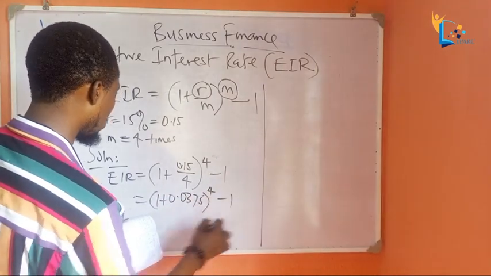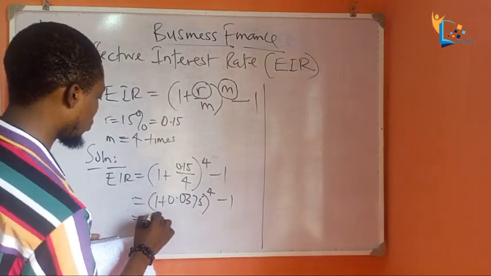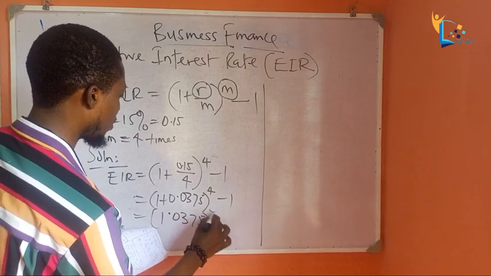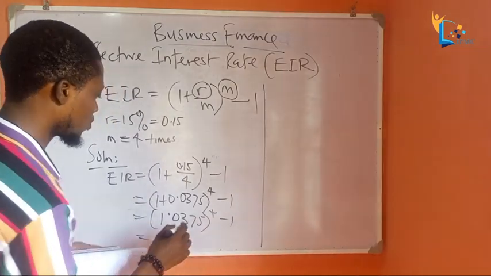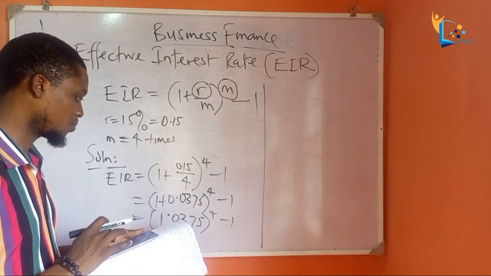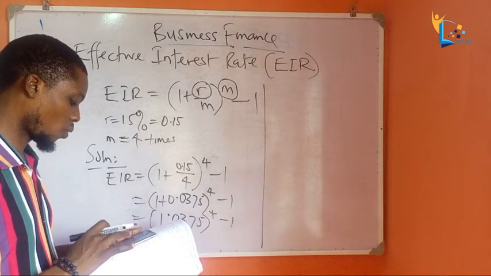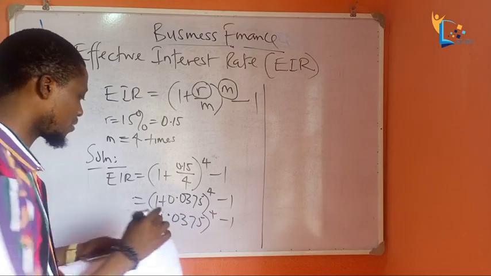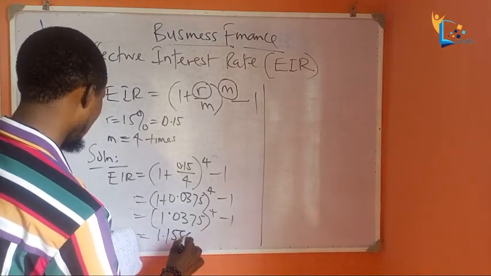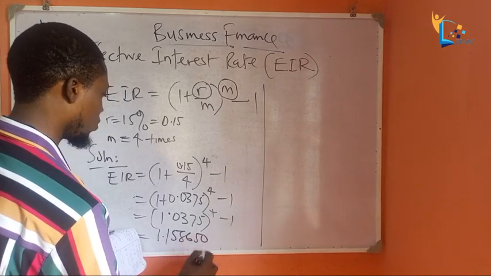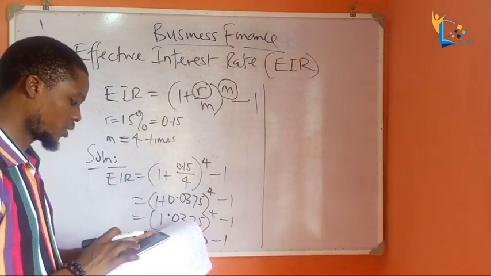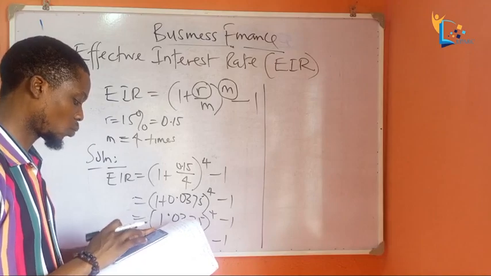This gives us 1.0375 raised to the power of 4, which is 1.158650, then minus 1.